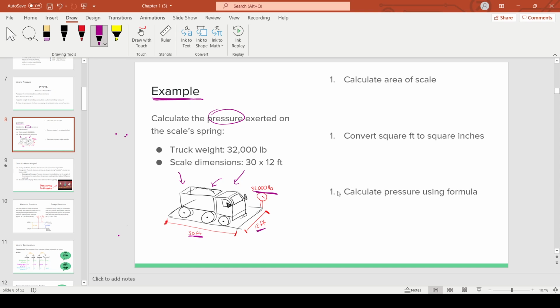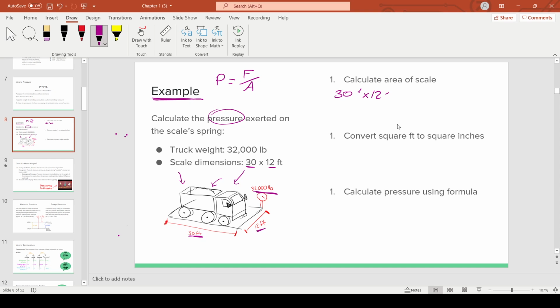Okay. So we need to find our equation for pressure. Right. So our equation for pressure, as we just went over, is pressure equals force over area, right? So we first need to calculate the area of the scale. It is 30 foot by 12 foot.